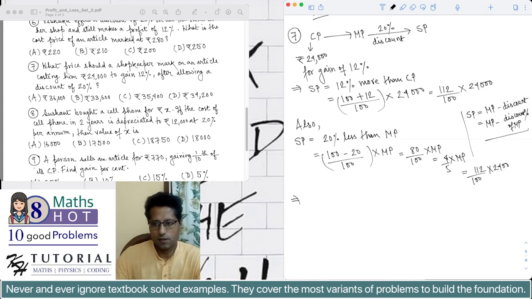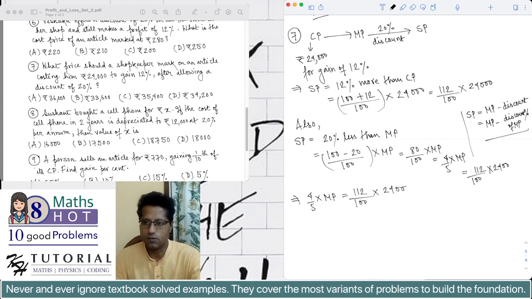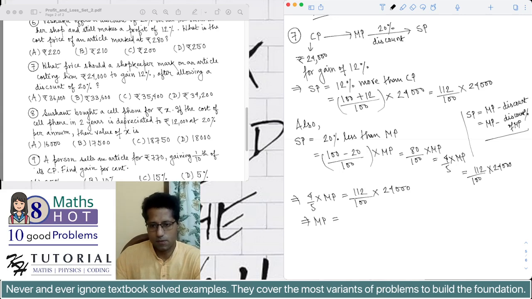So we have 4 by 5 multiplied by mark price equal to 112 divided by 100 multiplied by 24,000. From this we can solve for the mark price. Mark price will be 112 divided by 100 multiplied by 24,000 multiplied by 5 by 4.